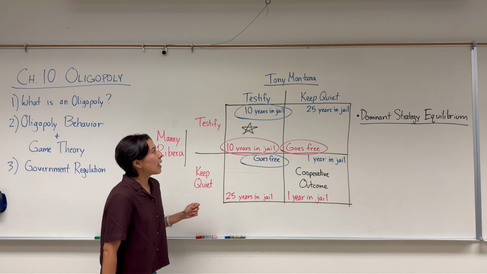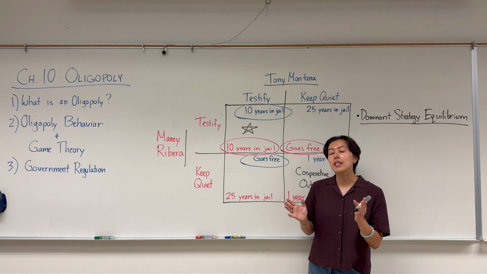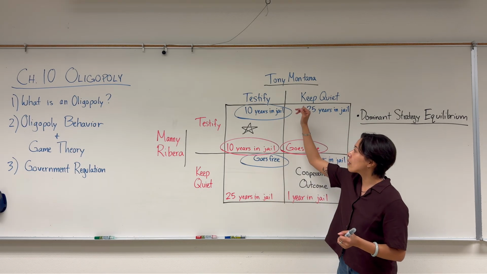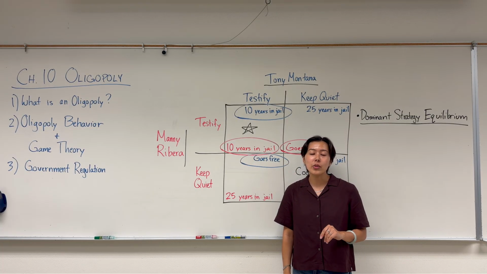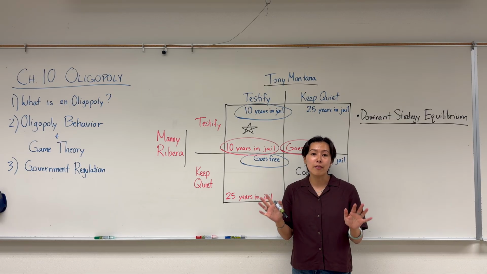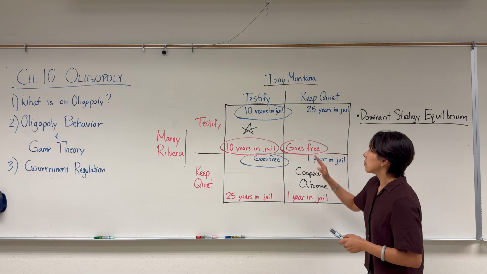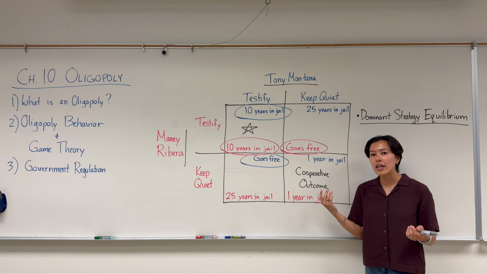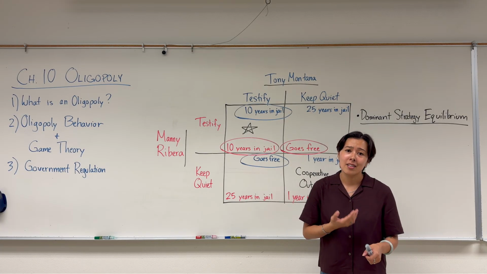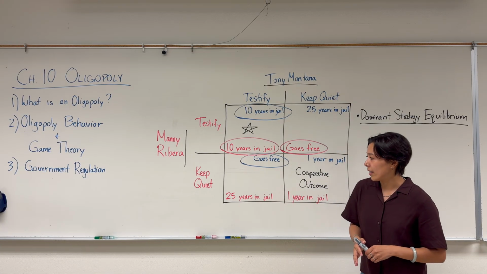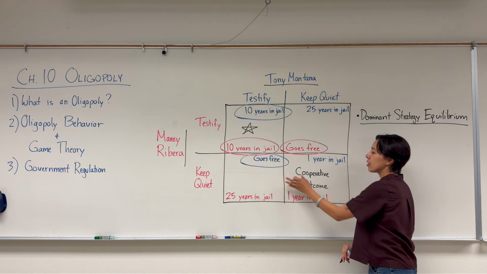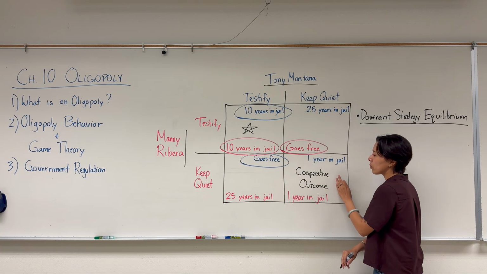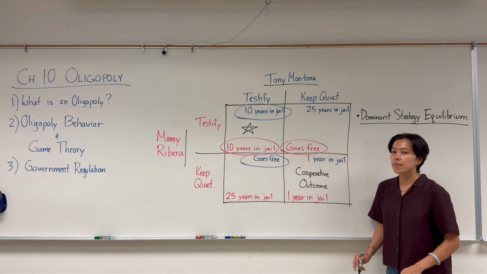So let's imagine that before the police split Tony and Manny up, Tony says to Manny, hey, I'm going to keep quiet, you should also keep quiet, and then they won't be able to convict us of anything. So Tony tells Manny he's going to keep quiet, and maybe Manny is a good friend, and Manny decides that he's going to keep quiet. If Manny decides to keep quiet, then Tony is left with the choice between testifying or going free.